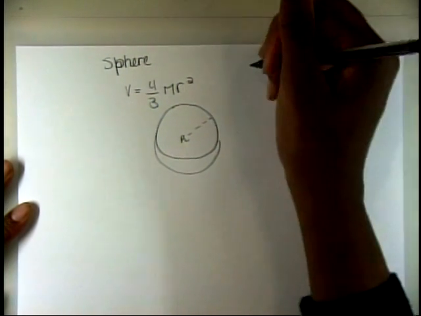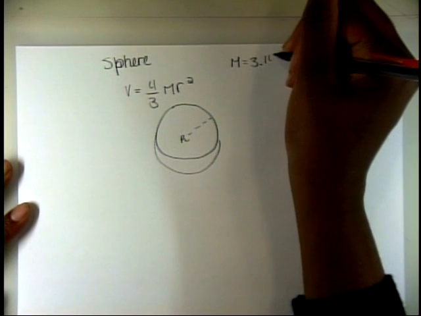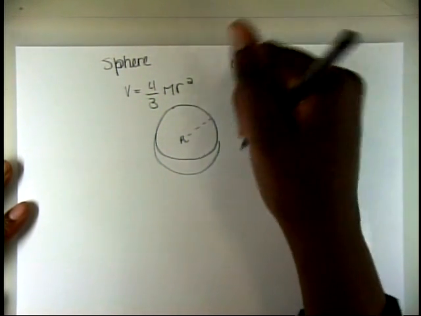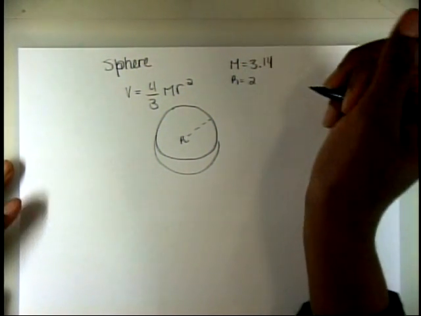So if I plug in, remember your pi is 3.14, and the radius will be 2.